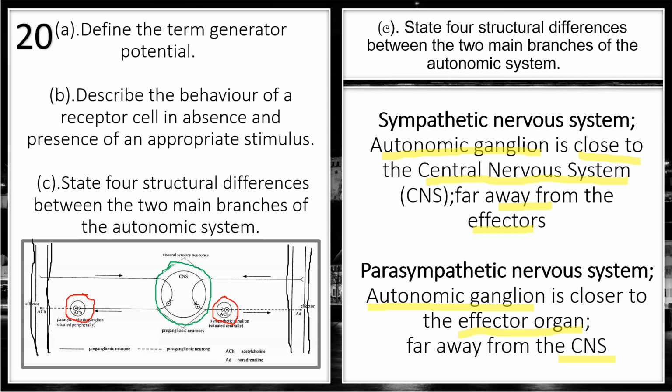So when we look at them in terms of ganglions, you will see that the ganglion of the parasympathetic is very far away from the central nervous system, and very close to the effector. Whereas the ganglion of the sympathetic nervous system is very close to the central nervous system and very far away from the effector.